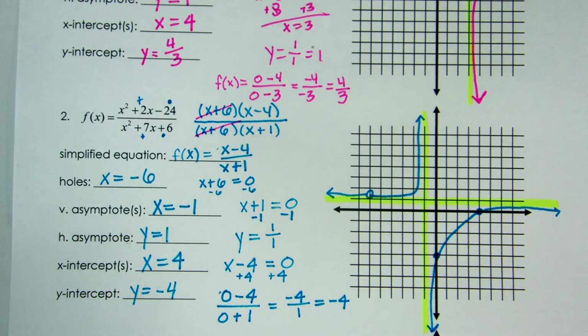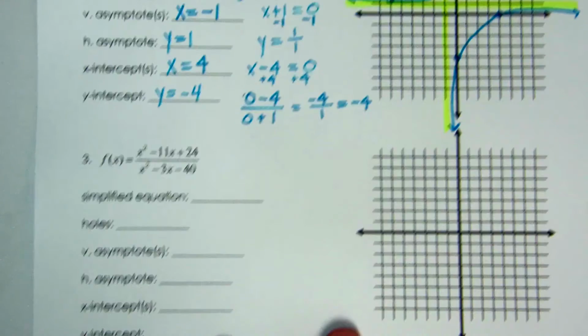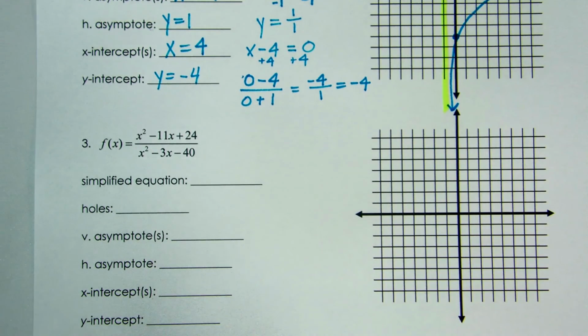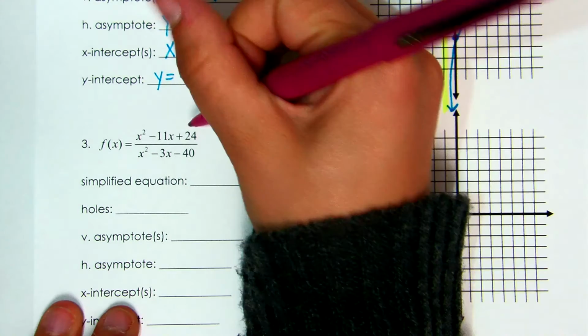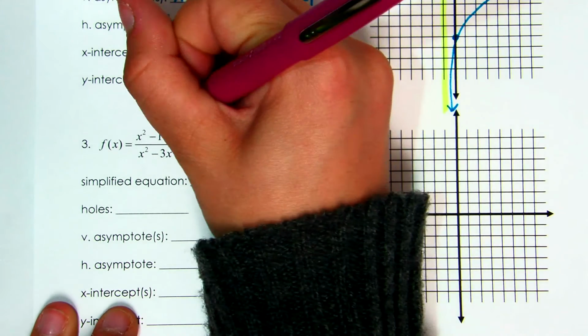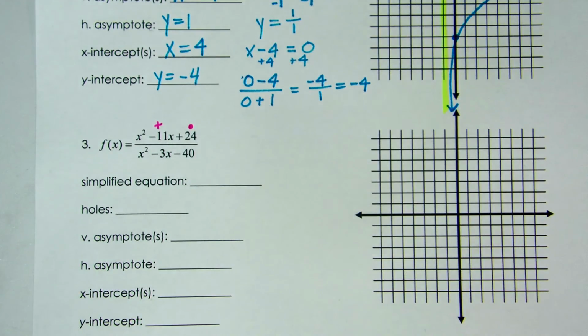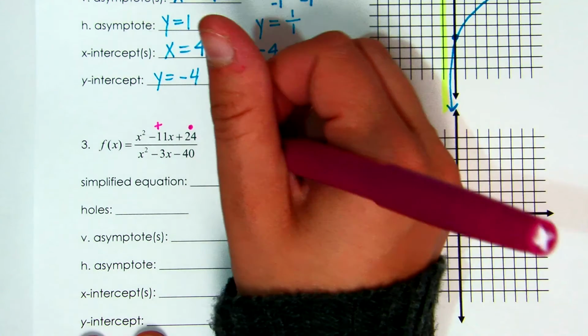Last but not least, number 3. Start by factoring. What multiplies to 24 and adds to negative 11? Alright, I'm going to use 8 and 3.